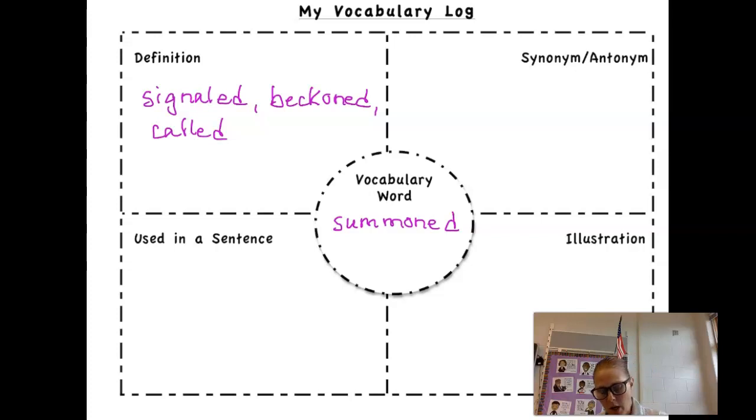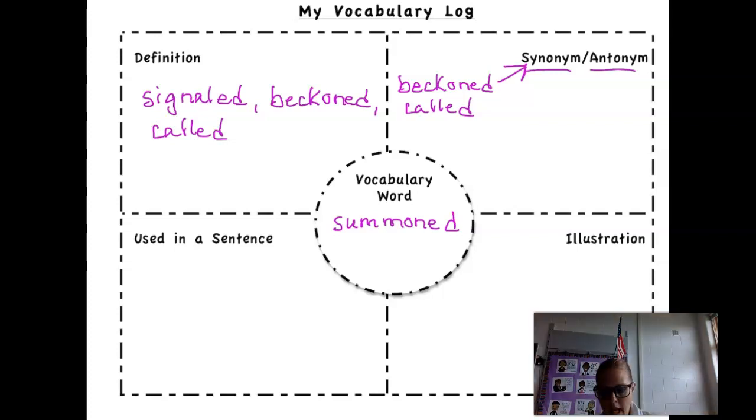Next, we want to talk about synonyms and antonyms for the word. Synonyms are words that mean the same. Over in our definition, there are actually 3 synonyms for summoned. I'm going to use the synonyms beckoned and called. They mean the same as summoned. There isn't really a direct antonym.